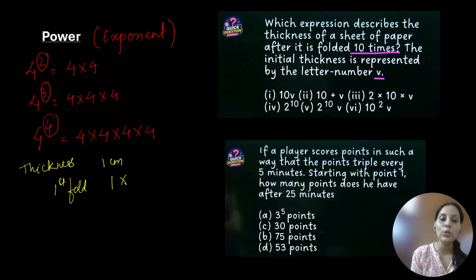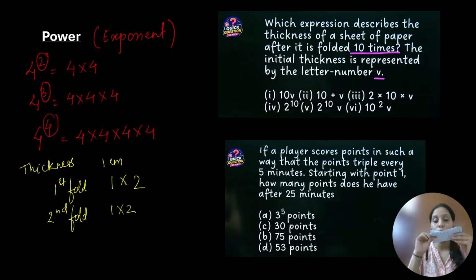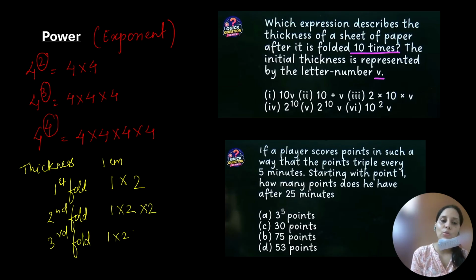So 1 into 2. Similarly, when I fold one more time, from the previous, it has doubled again. So for the second fold, it was already 1 into 2, and now it has doubled from the previous, into 2. Similarly, the third fold will be 1 into 2 into 2, then double of the previous, into 2.